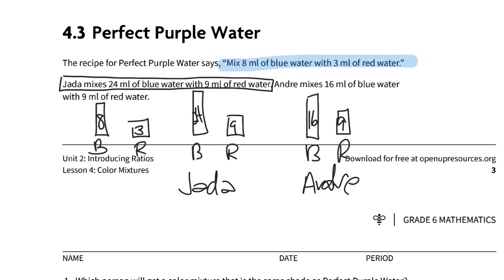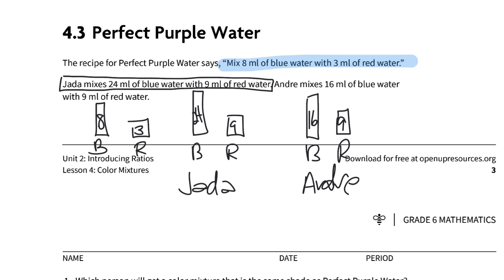Well, we know they can't both be right because they both use the number 9. So if one of them is right, then the other person can't be right because they both use 9 milliliters of red, but one uses 16 milliliters of blue, and Jada uses 24 milliliters of blue. So they both cannot be right. So let's take a look.